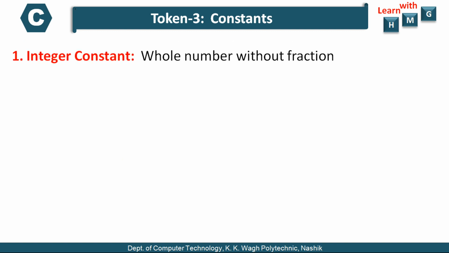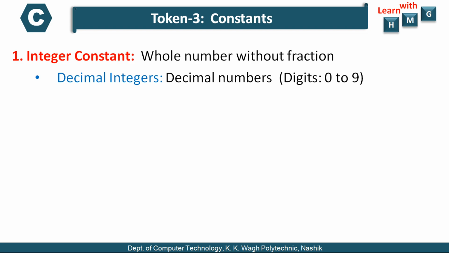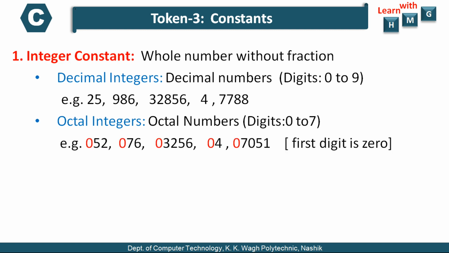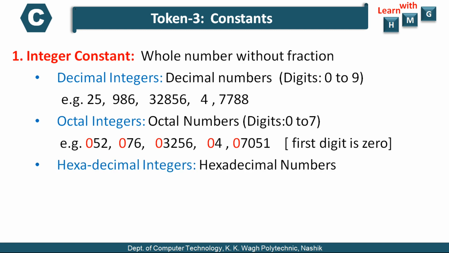The first is integer constant, which is nothing but a whole number without fraction, that is without a decimal point. There are 3 types of integer constants: decimal integers, which are having decimal numbers 0 to 9. Then octal integers, these are octal numbers, that is digits are 0 to 7 and they begin with 0, and after that any digits between 0 to 7.